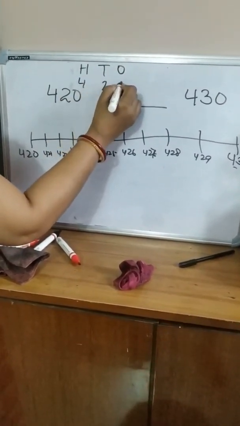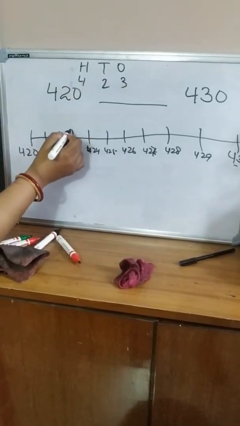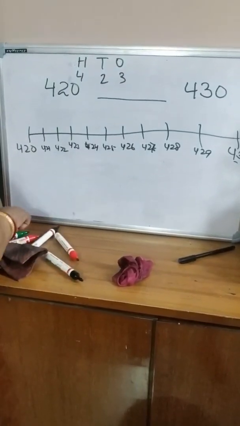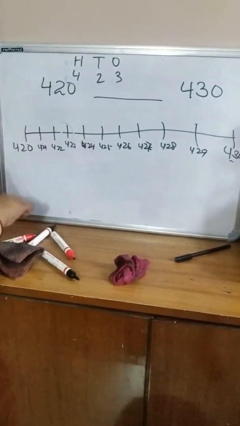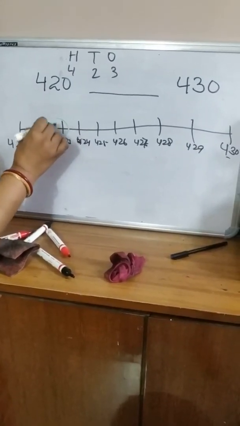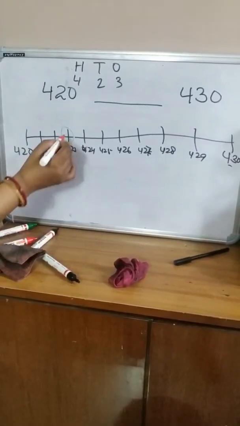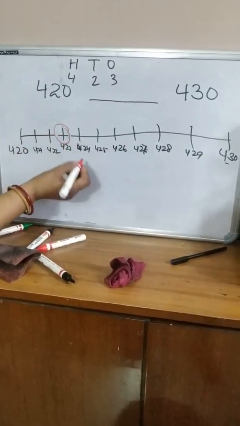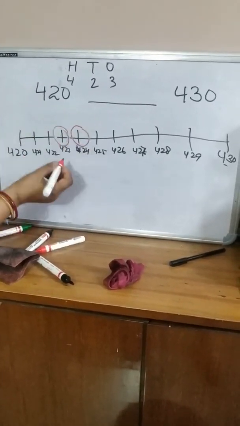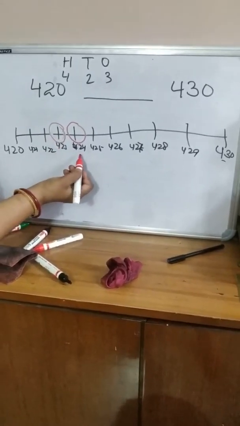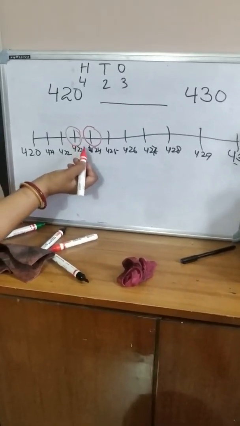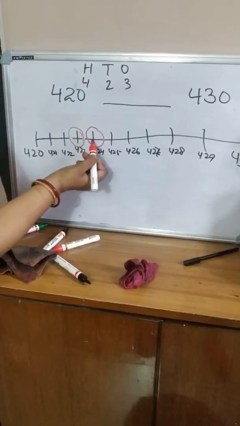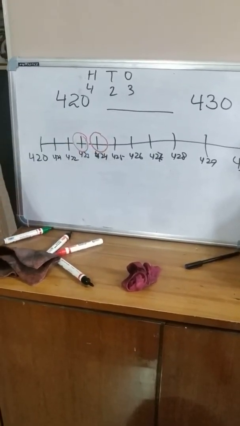Here I have to show the number 423. So where is 423? It is here. This is 423, right? And in between 423 and 424, again I am going to divide into 10 equal parts.